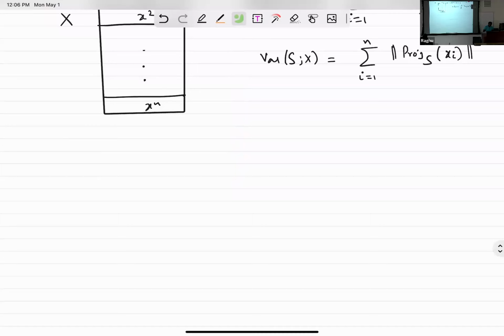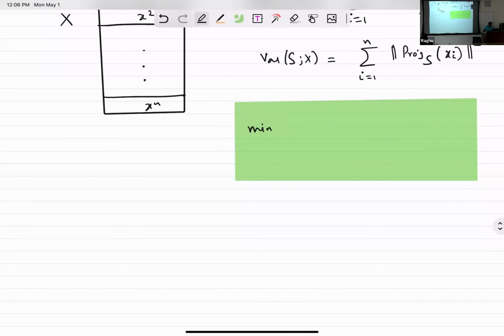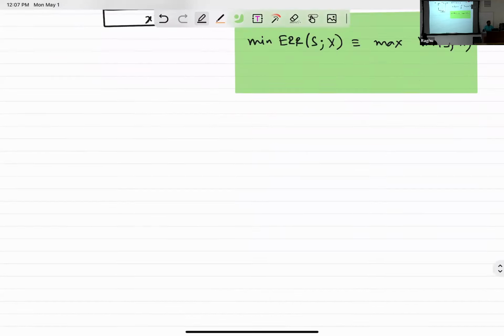And we said minimizing error is equivalent to maximizing variance. Right, and this was the best fit subspace problem. Okay, and we also had the singular vectors.